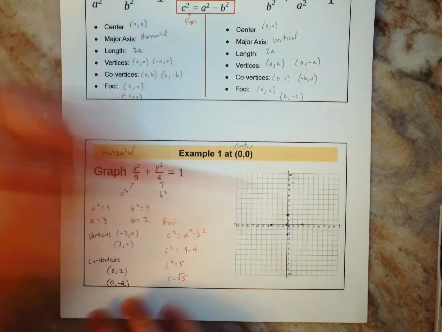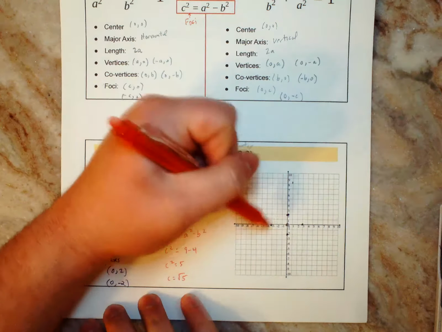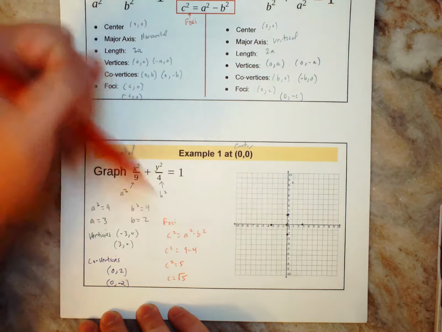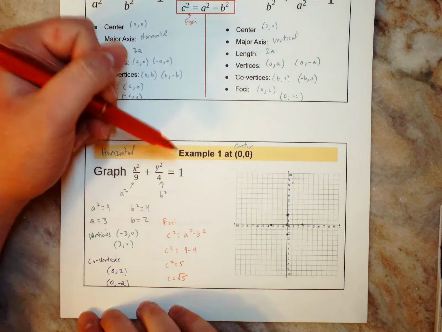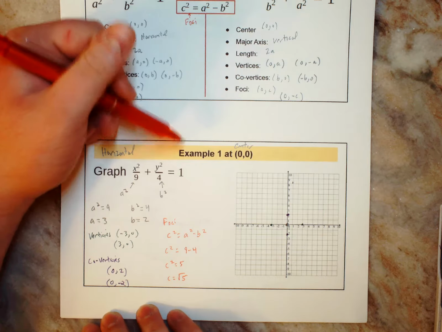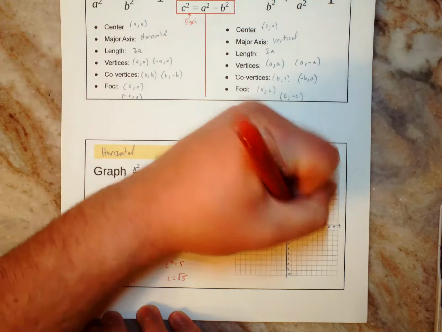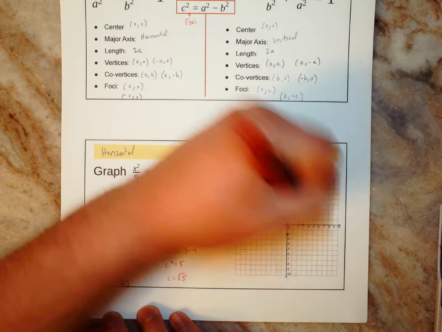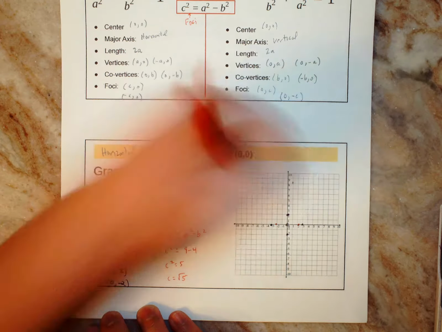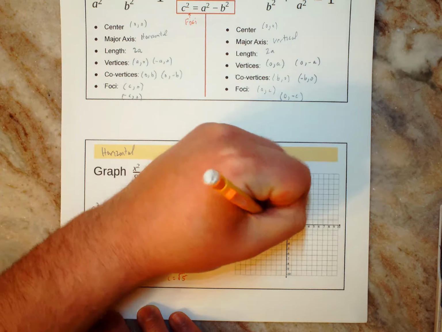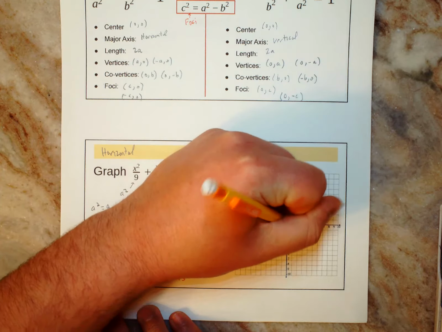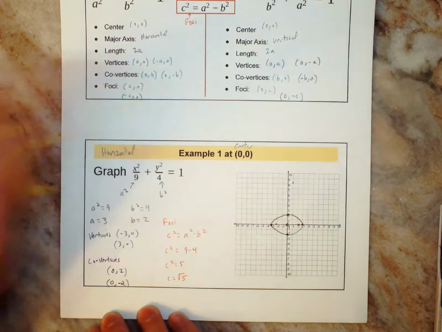But now, are you going to go up or are you going to go over? Because it's a horizontal ellipse, the foci have to be on the major axis with the vertices. So you're just going to go over a little bit, best you can. And now you have your ellipse all nice and graphed.